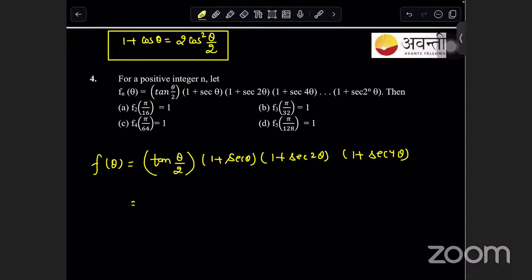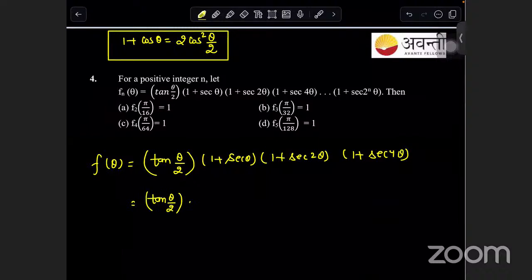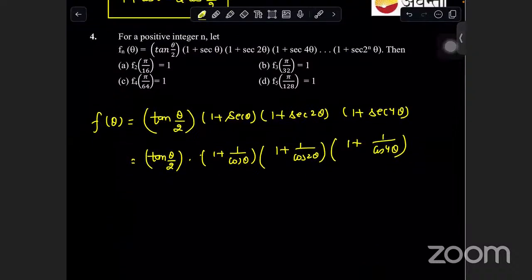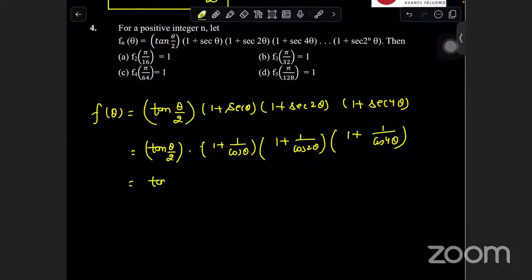All right. See, it is tan(theta/2) into, convert this into sine and cos. So 1 plus 1 by cos theta, 1 plus 1 upon cos 2 theta, and 1 plus 1 upon cos 4 theta. I hope there is no problem up to this step. So it is tan(theta/2) into (1 plus cos theta) upon cos theta.